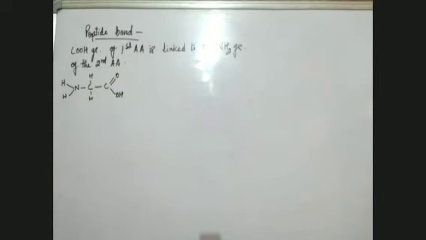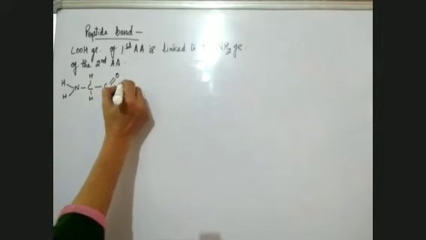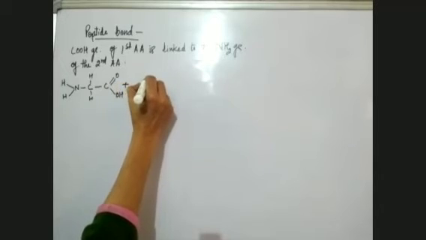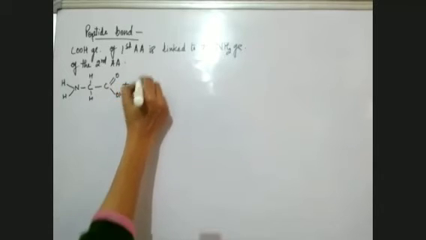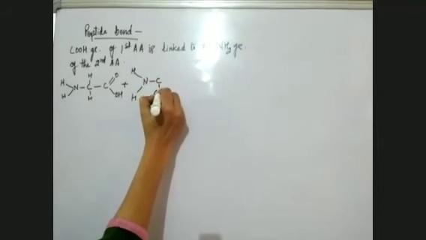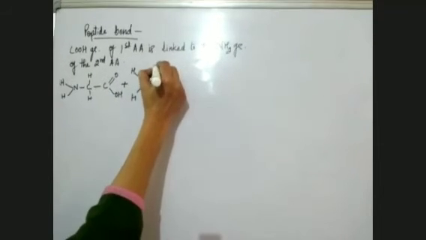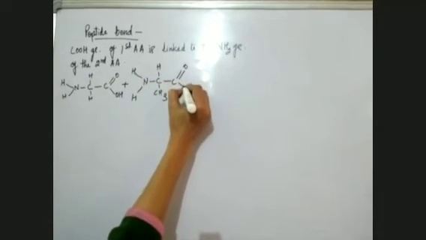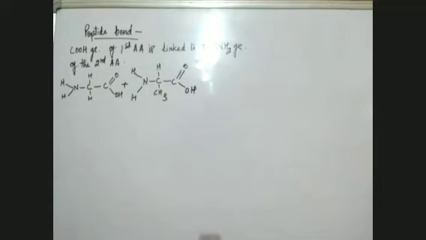I'm showing how it combines with another one, which is L-alanine. So plus N, here H, here H, here C, CH3, H, C, double bond O, single bond OH.